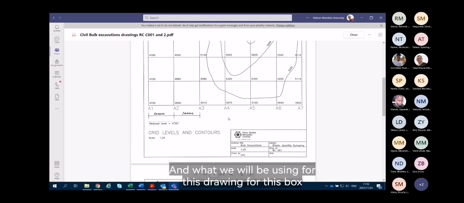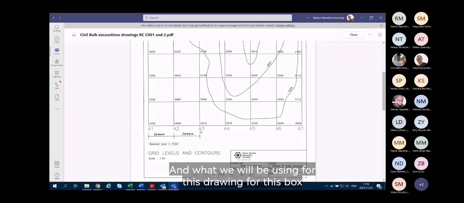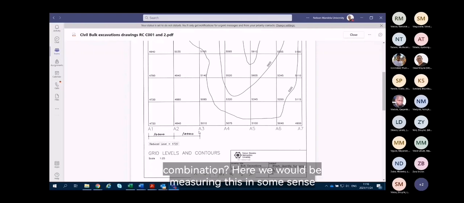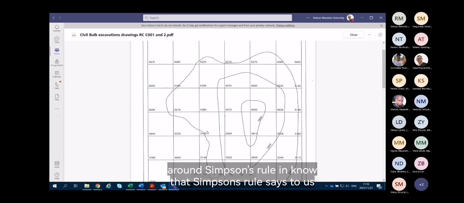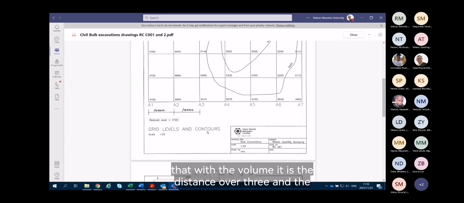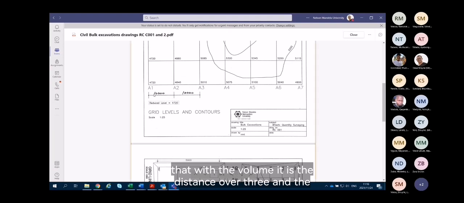And what we would be using for this bulk excavation here, we would be measuring this in Simpson's rule. And you all still understand the issue around Simpson's rule. Simpson's rule says to us that the volume is the distance over 3, and the distance would be reflected as that 10,000 that is there.